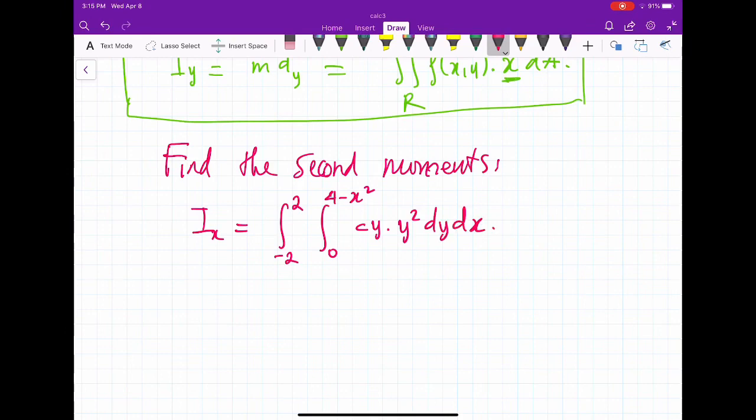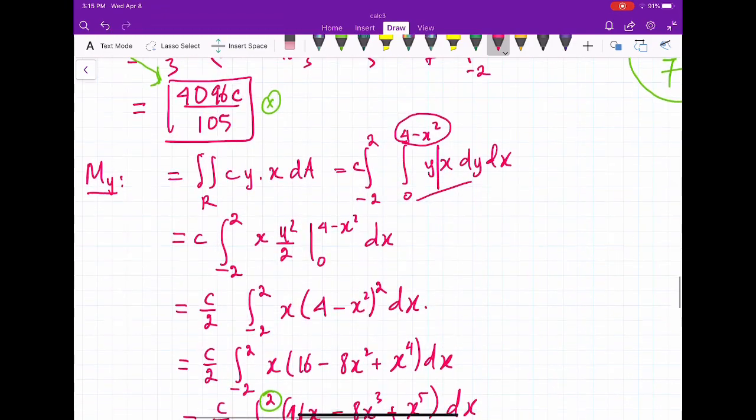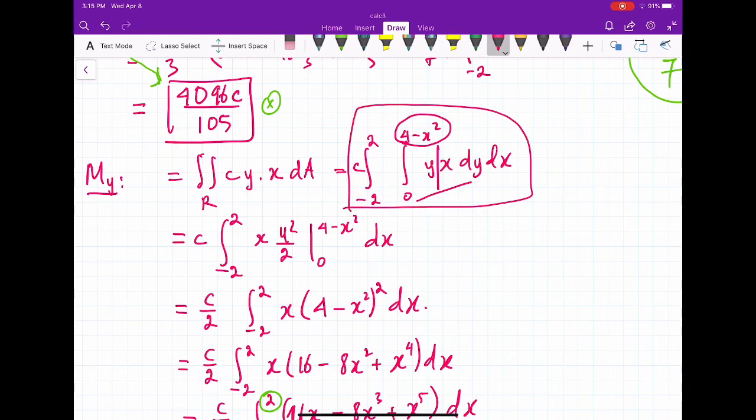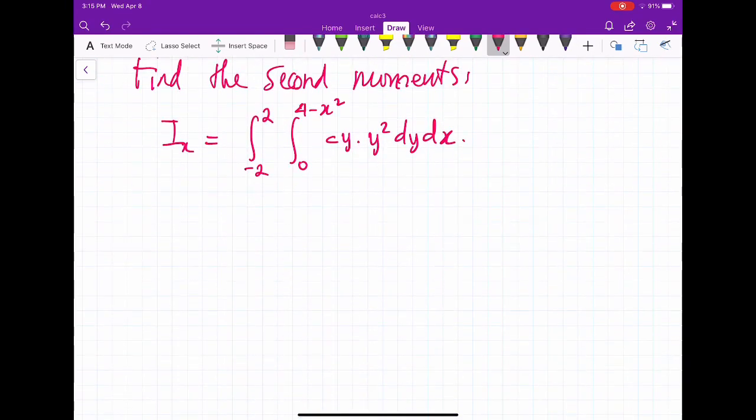I just copy what we did previously in here. Here's the integral, but this is with respect to y, so you multiply with the x, and here you multiply with the y. Let's solve this to the end, and then we finish today's lecture.